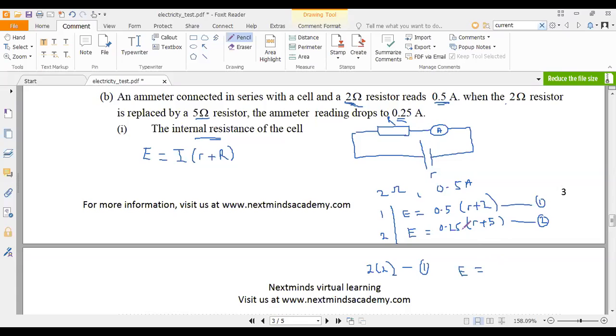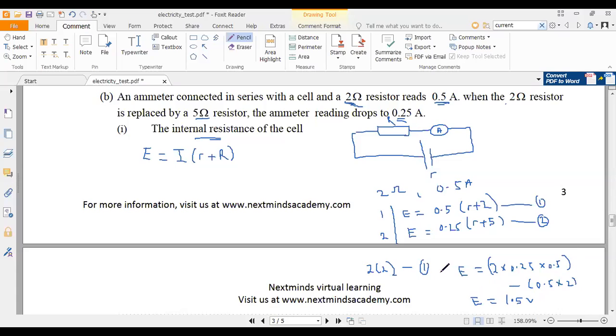Is it 1.25 or 2.25? Okay. So finally, we end up having E as being equivalent to 2 times 0.25 times 5, minus 0.5 times 2. So when you subtract this, you end up getting E as being equivalent to 1.5 volts.